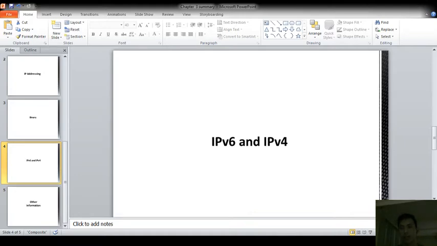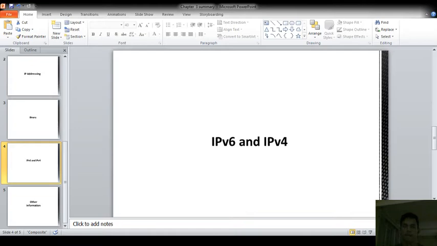A host can obtain IPv4 addressing information automatically. The host is a DHCP client and requests the IPv4 address information from the DHCP server.